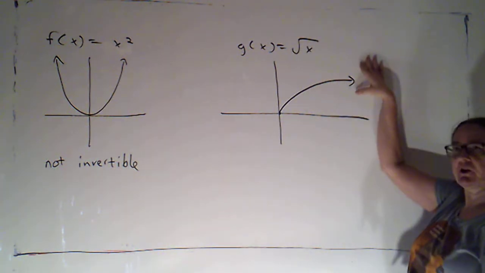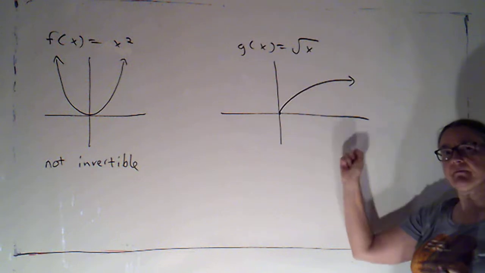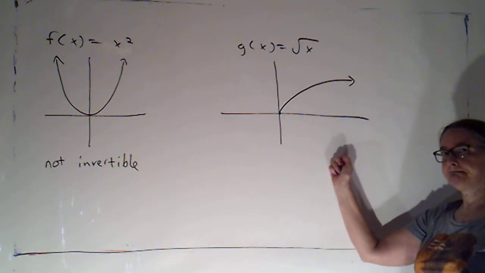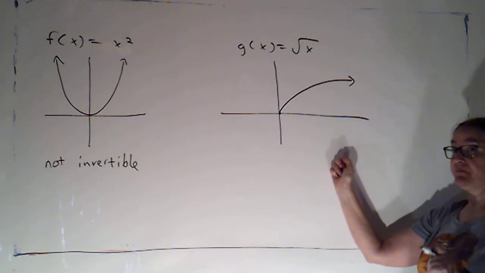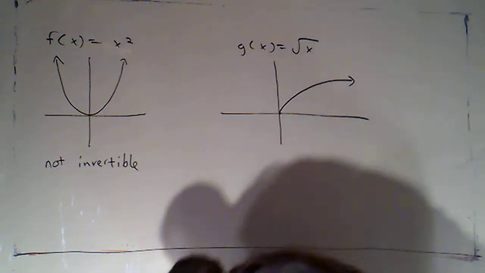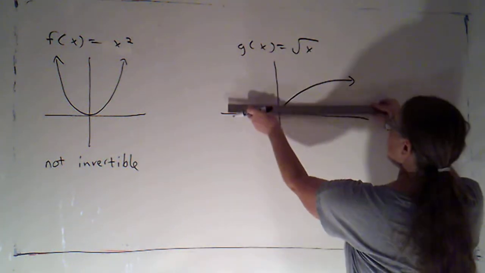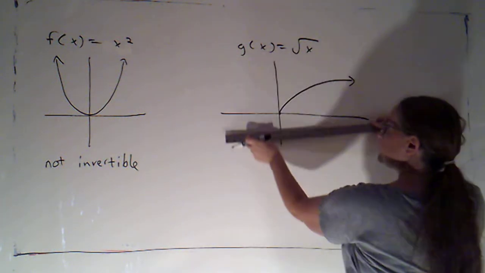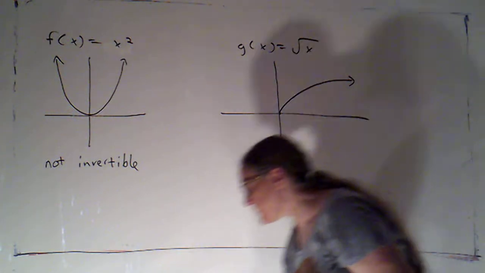Is this function invertible? I know that one isn't, but is this one? Yes. It definitely passes the horizontal line test. No horizontal line intersects the graph more than once.